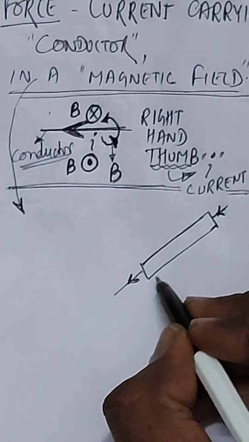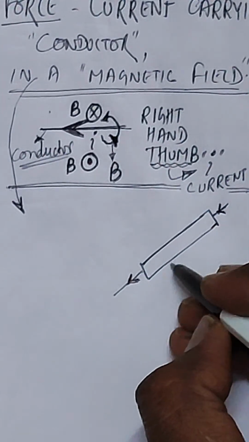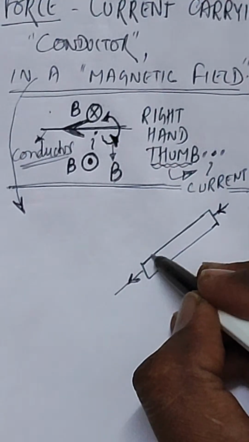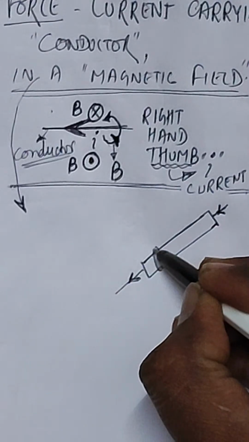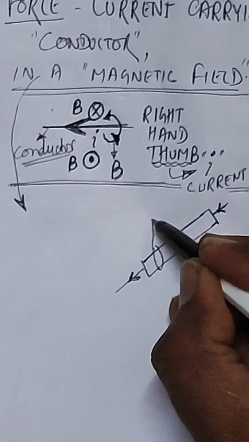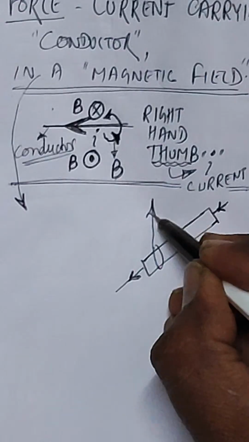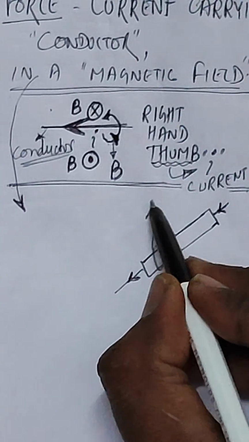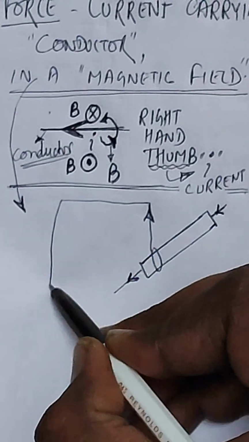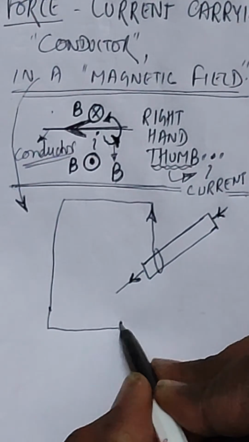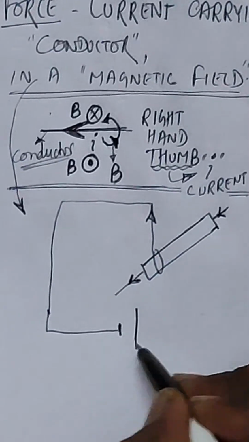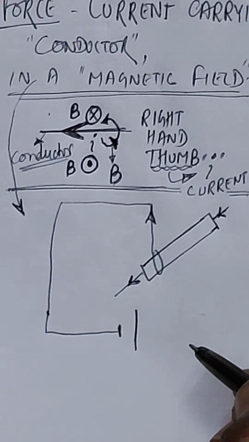It is hung through a wire, which is wrapped around it and goes to the top, making a circuit like this, whose negative terminal is here and positive terminal is like this.